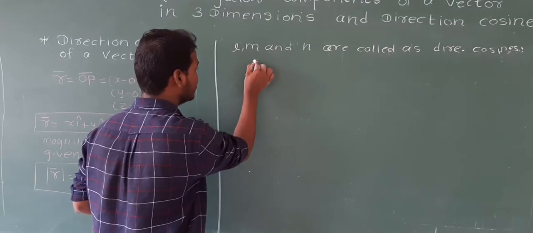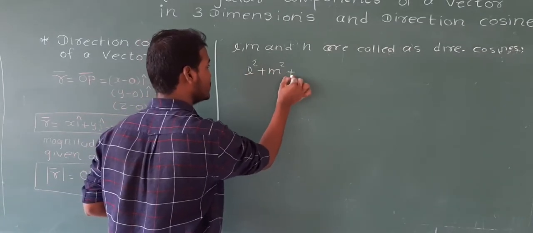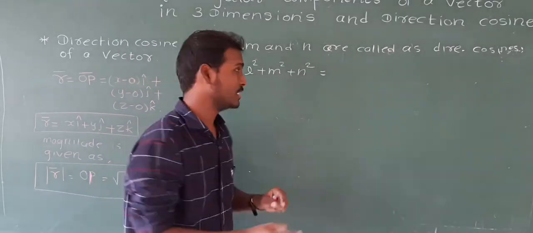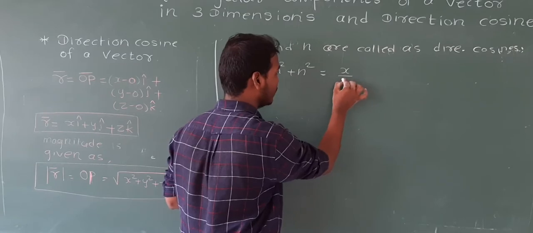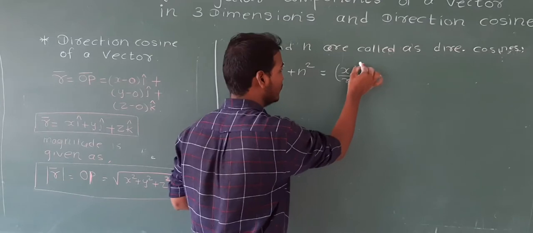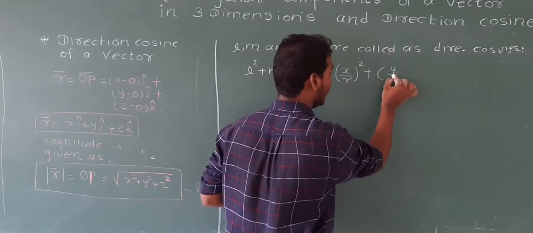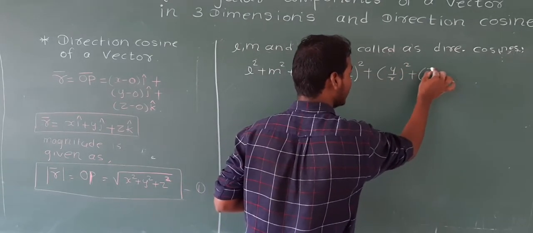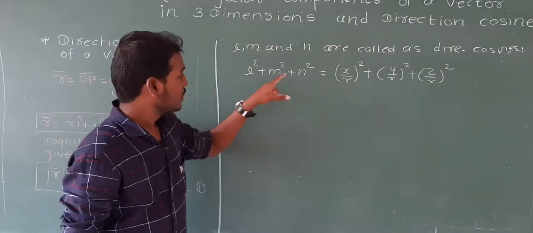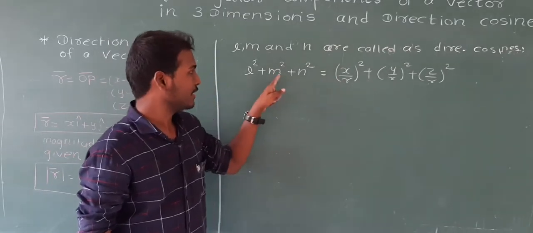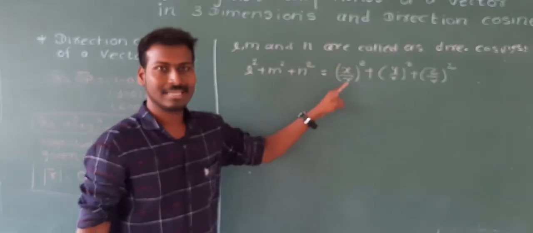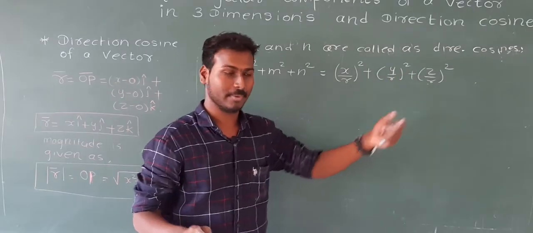So l square plus m square plus n square. You know that l is cos alpha, which is x by r. If we take l square, definitely here also we have to take the square. Similarly, y by r square and z by r square, because l is x by r, m is y by r, and n is z by r, which are cos alpha, cos beta, cos gamma.